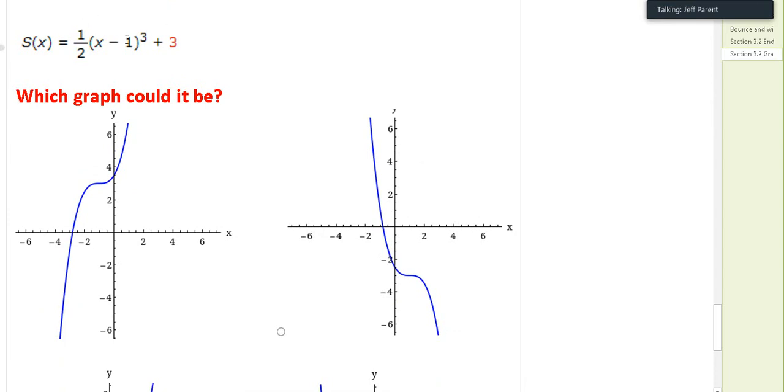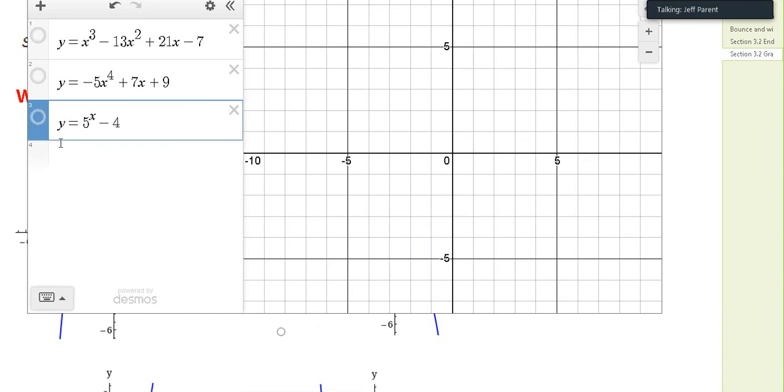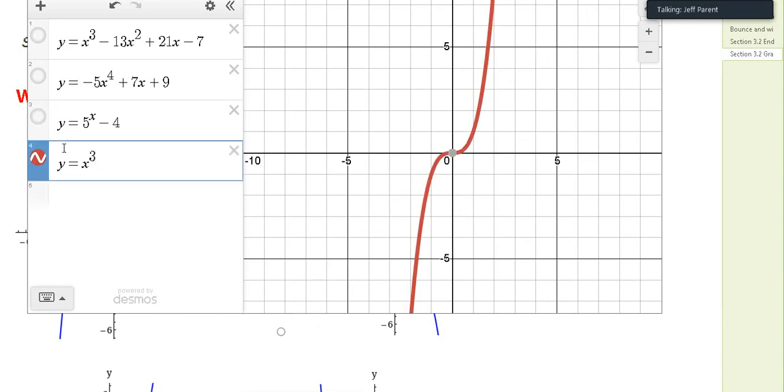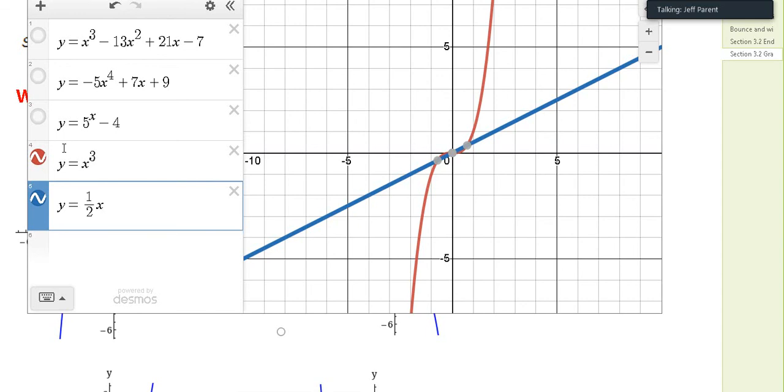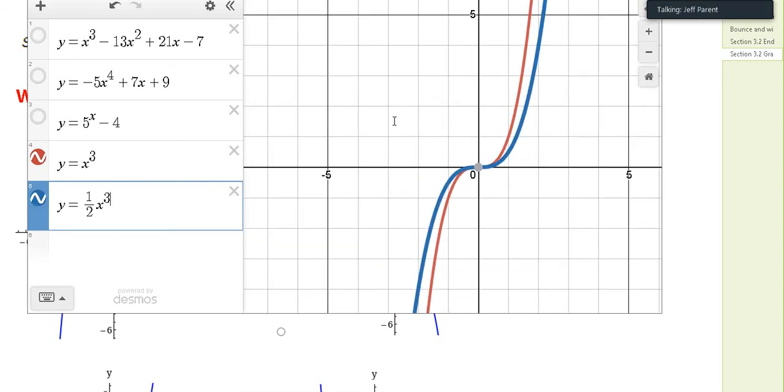Now the last one that I want to look at has got a couple things going on in it. Actually, several things. So first of all, you've got this 1/2 out in front. That's going to make a change that's going to be kind of hard to see and appreciate. So for instance, if I looked at the graph of y equals x to the third, and then also looked at the graph of y equals 1/2 x to the third, it's not a real heart-stopping difference.